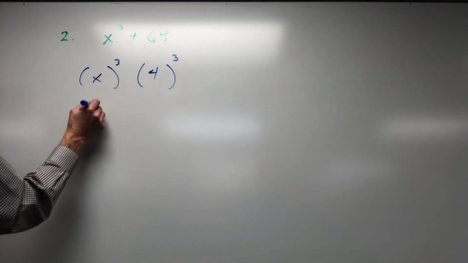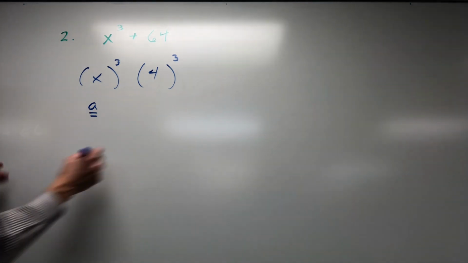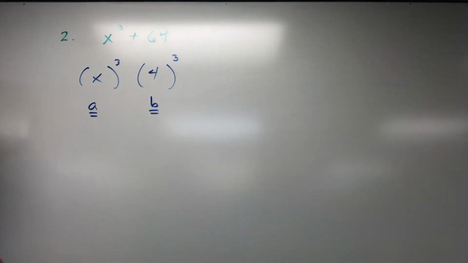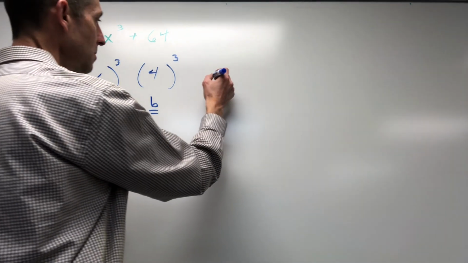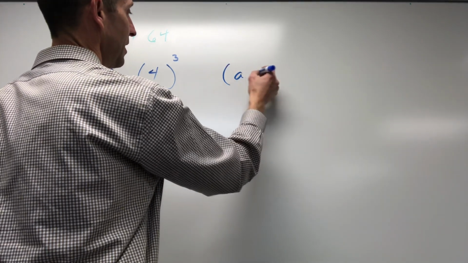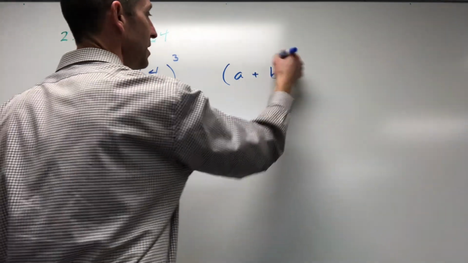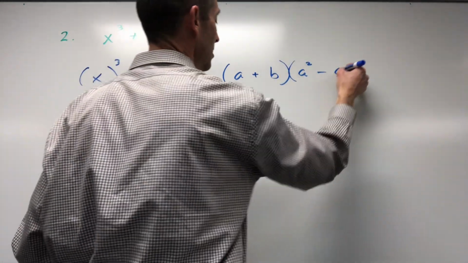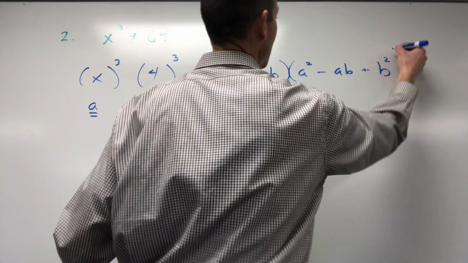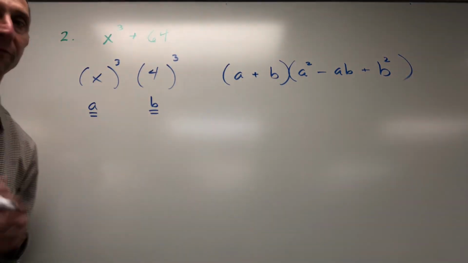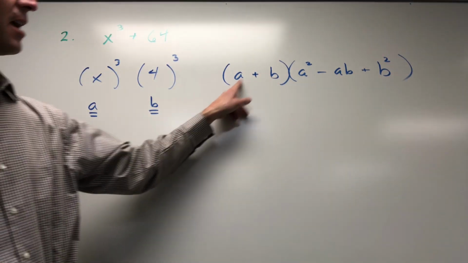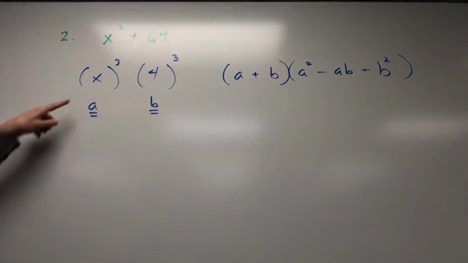So this x right here is going to be your a in the formula. The 4 is going to be your b. So your formula is a plus b, a squared minus ab plus b squared. So there's our formula. Everywhere you've got an a, you plug in what a is equal to.